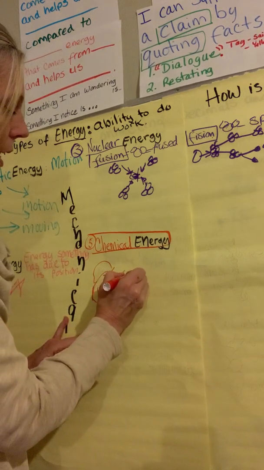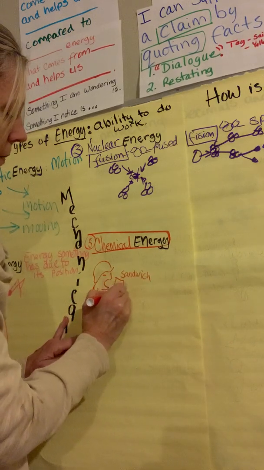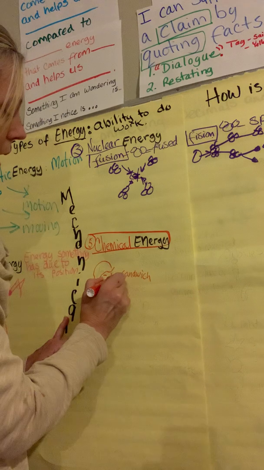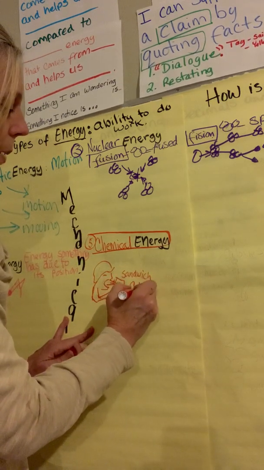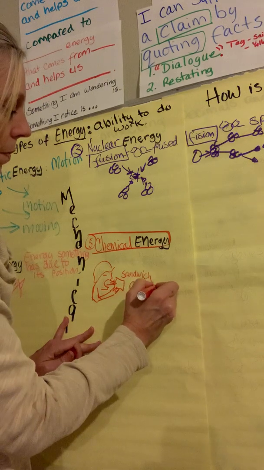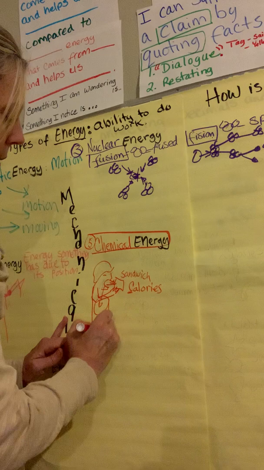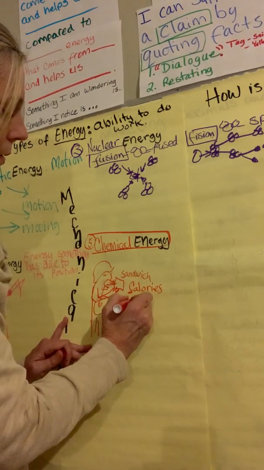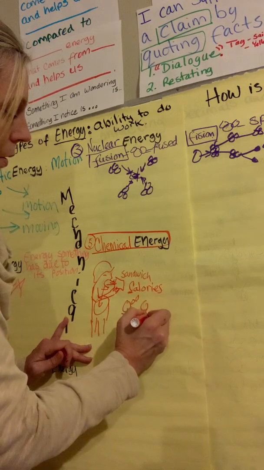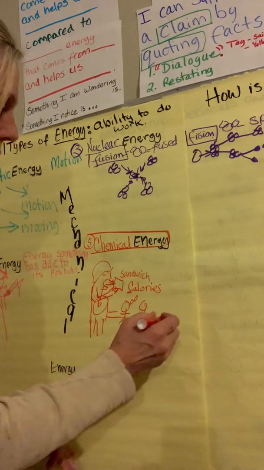So if you had a sandwich for lunch, a yogurt for breakfast, or you are eating anything at all, you are consuming calories with a capital C. And those are going into your body, forming a chemical reaction so that you can do things like think and run, so that your body can do things.